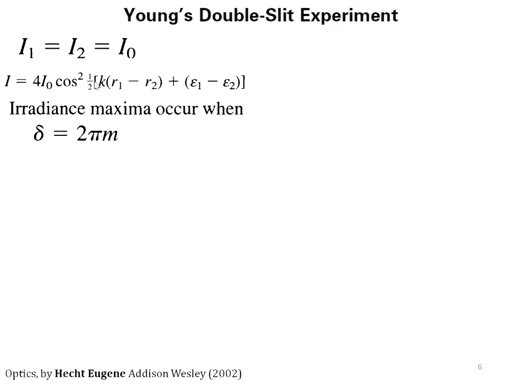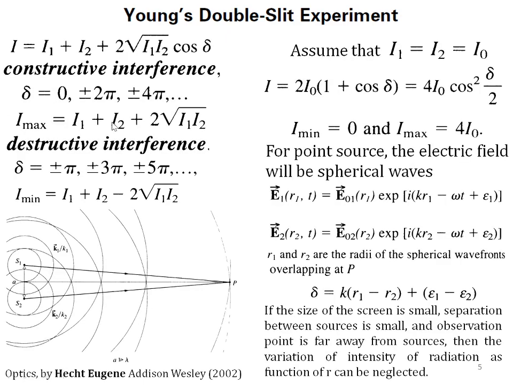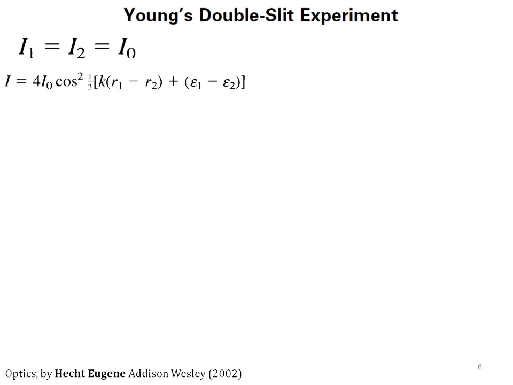Otherwise, if you go back to the previous condition, for maximum it was this one, and plus or minus 1 pi, plus or minus 3 pi was the condition for minimum, right? But here delta has to be 2m pi, the condition for maximum.